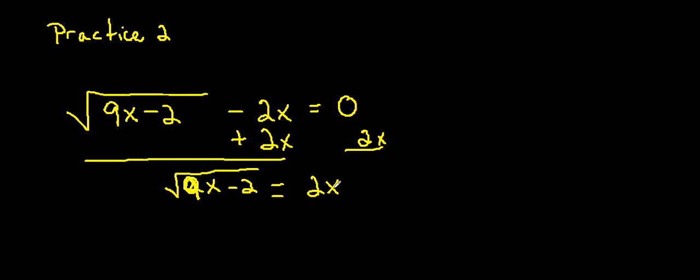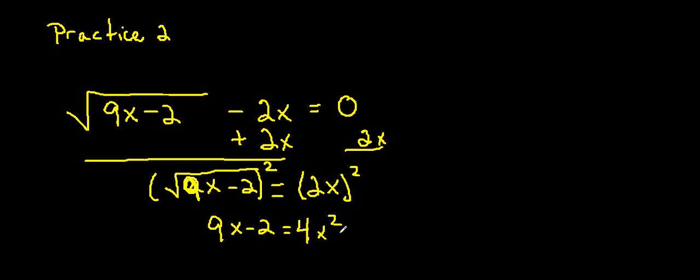Now at this point I'm going to square both sides. Here's the square root squared on the left, and on the right side it's the square of 2x. So I end up with 9x minus 2 equals 4x squared.